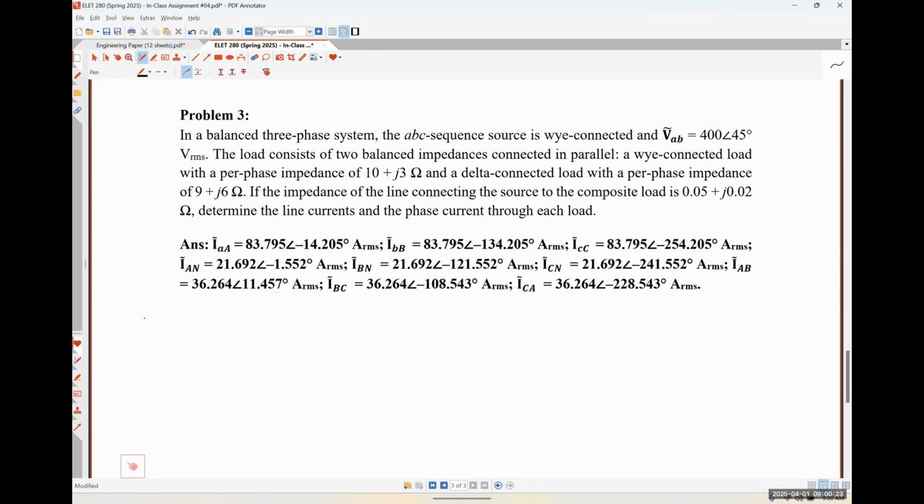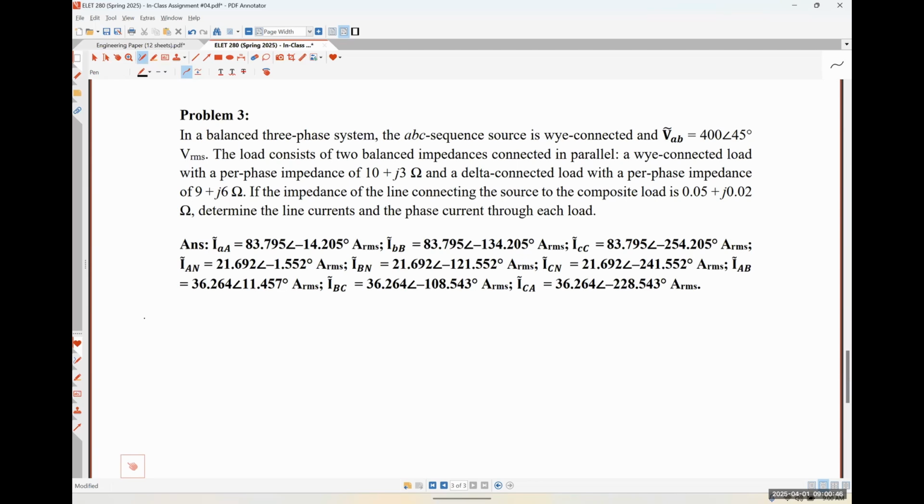And the second is a delta connected load having an impedance of 9 plus J6 ohms. In addition, we also have a transmission line impedance of 0.05 plus J0.02 ohms, and we're asked to determine our line currents and our phase currents through each load.